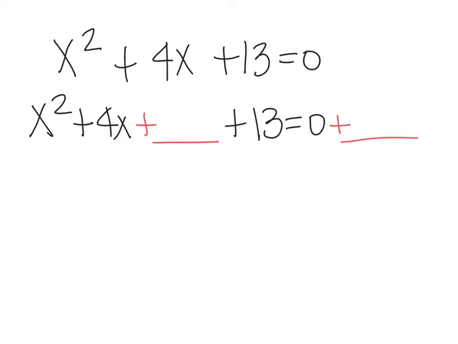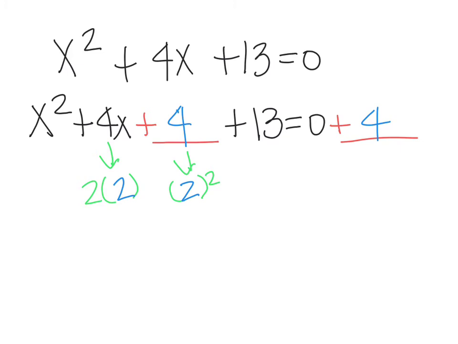If we think about the number 4 here, 4 is 2 times something. So this other blank is going to be something squared. Well, 2 times 2 gives me 4, so my other blank is going to be 2 squared, which is also 4. If I add 4 to the left side, I have to add 4 to the right side.